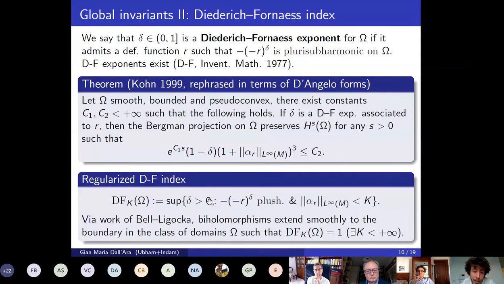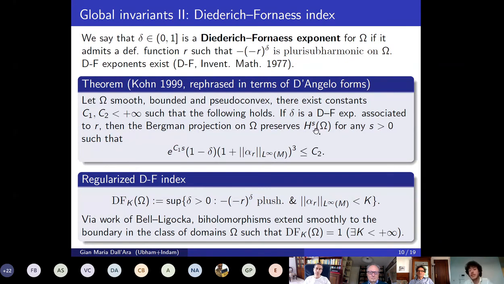If you are able to find a large constant k with the property that the regularized DF_k index of omega is equal to 1, then delta is allowed to go to 1, but at the same time the norm stays bounded. And so Kohn's theorem allows you to take s as large as you like.